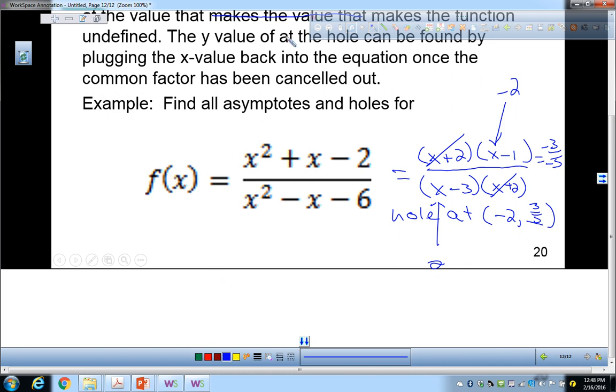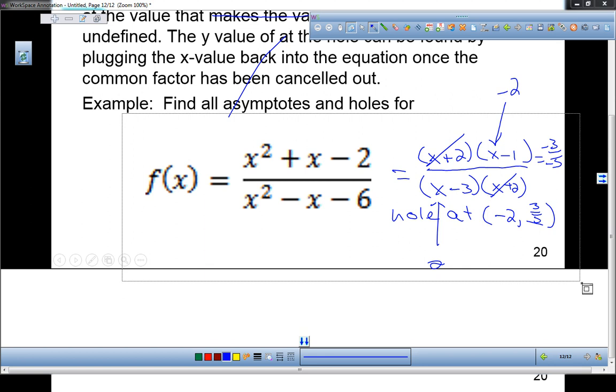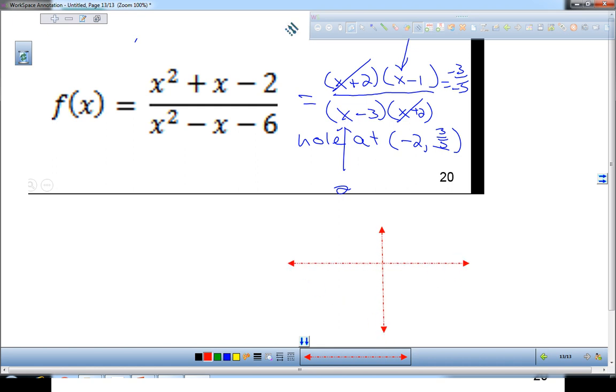So let me grab this and put it on a new page so I can sketch this graph. If I have this right here, and I'm trying to graph this rational function, uh-oh, my lines are dotted. That's okay. I have a hole at -2 comma 3/5, and I put a hole in the graph right there.